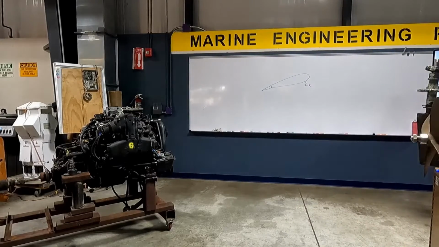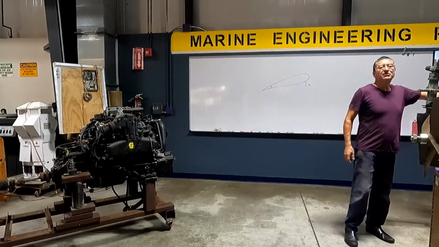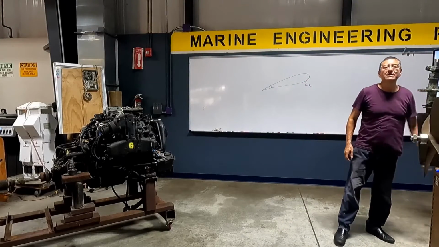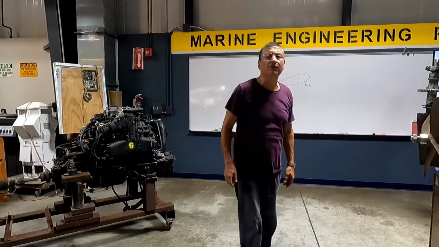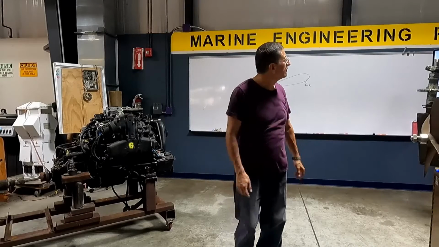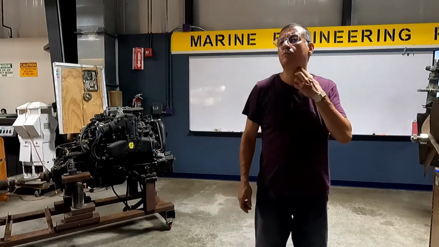Danny, can you help me with this? Yes. The pitch and the diameter. Look at this. The first number always is the pitch, and the second number is the diameter. In that particular case, that propeller is 4052. What is the meaning of that? 40 inches in pitch and 52.